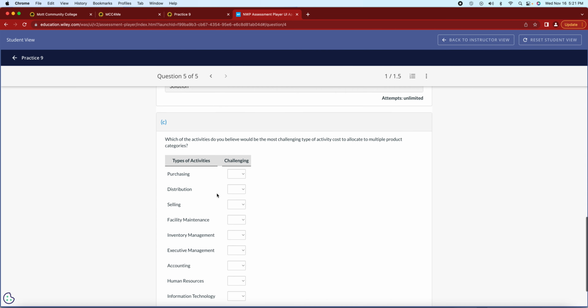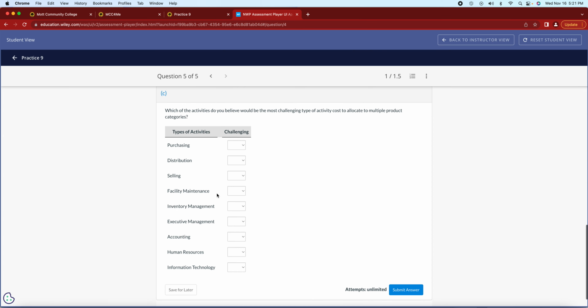And then I think finally for this one, we are looking at which of the activities do you believe would be the most challenging type of activity cost to allocate to multiple product categories? Would purchasing be difficult to allocate to multiple product categories?